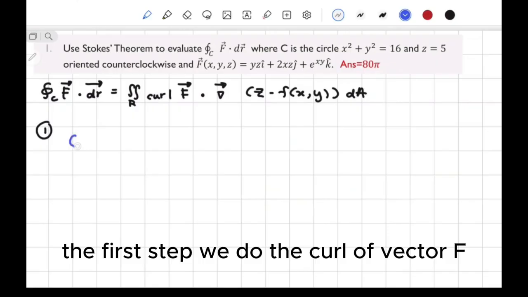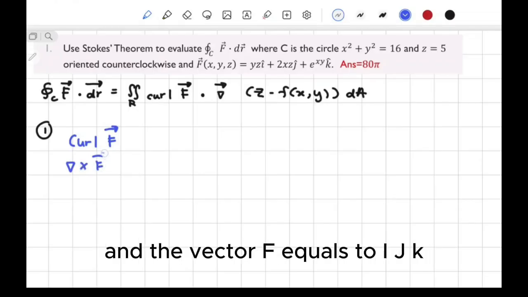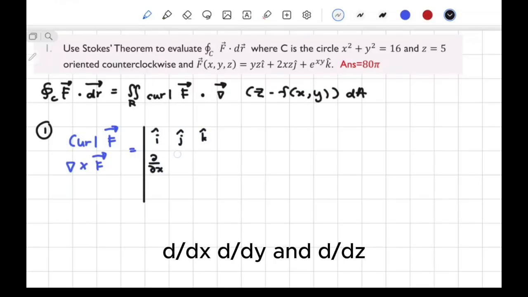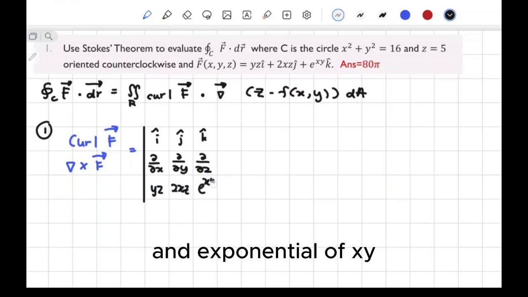For the first step, we do the curl of vector F, which is the cross product of the gradient and vector F, equals the determinant of i, j, k, d/dx, d/dy, d/dz, yz, 2xz, and e to the power xy.